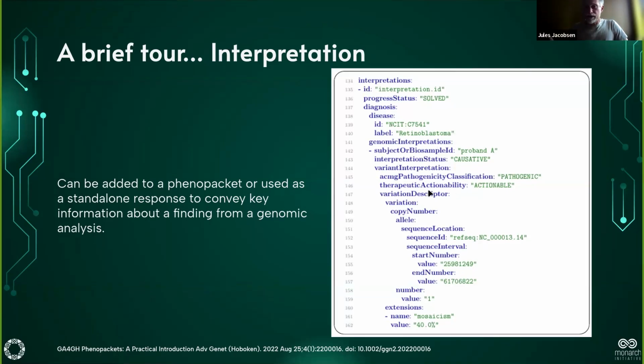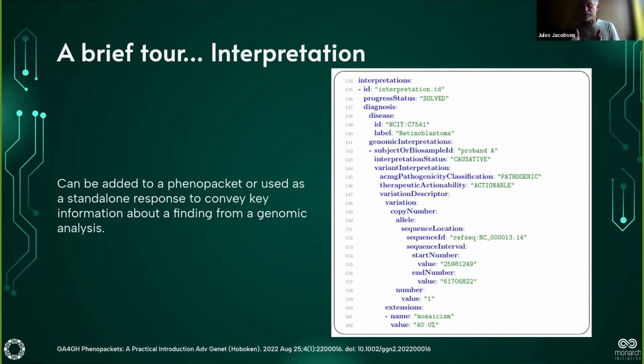We've got an ACMG pathogenicity classification. The ACMG stands for the American College of Medical Genetics, and they have defined a set of criteria for saying whether or not a variant is likely to be causative of a particular condition.